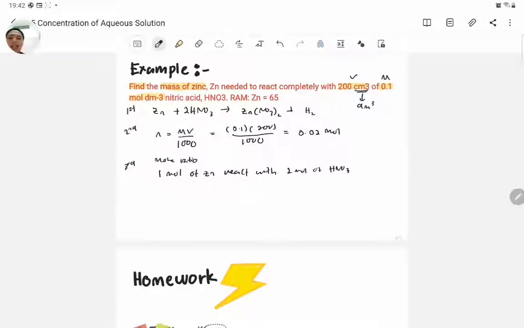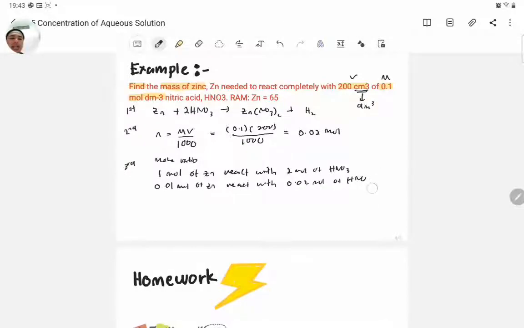For the second one, the mole ratio is also between zinc and nitric acid, but this time we use the number of mole that we calculated before. So we can say that 0.01 mole of zinc reacts with 0.02 mole of HNO3.